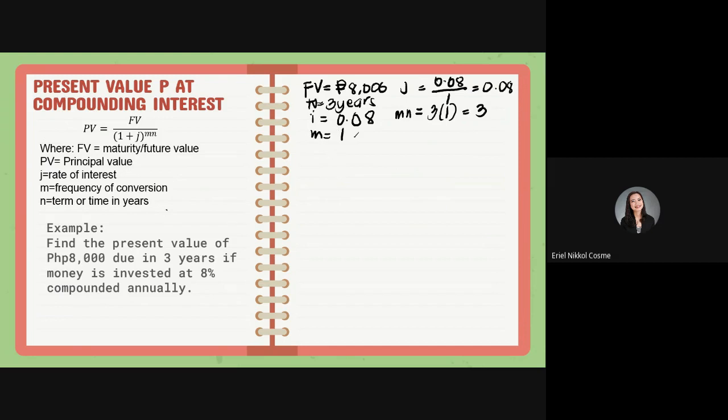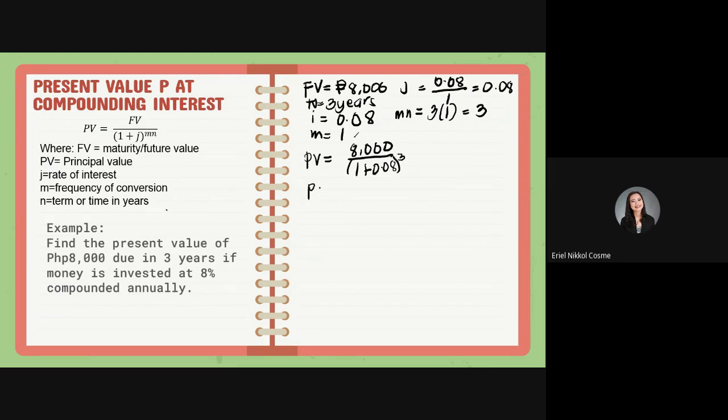We can now solve this problem to find our present value. So, PV is equal to your FV, which is 8,000, over 1 plus your J, 0.08, raised to your mn, which is 3.